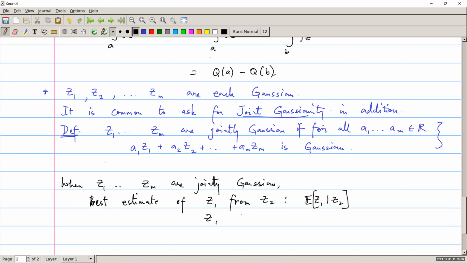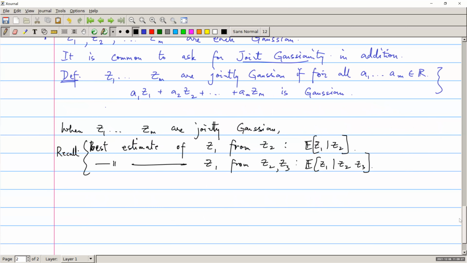What is the best estimate of z1 from, let us say, z2 and z3? The expectation of z1 given z2 and z3. Very good, and so on. This we know; it happens in general.